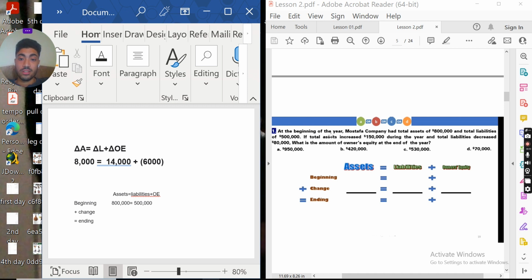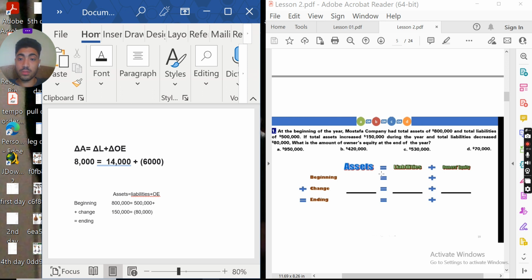If total assets increased, oh, that's a change. Alright. Let's go to change. If total assets increased by 150,000, I will write 150,000 during the year, and total liabilities decreased 80,000. Okay, because it decreased, I will put 80,000 between brackets.